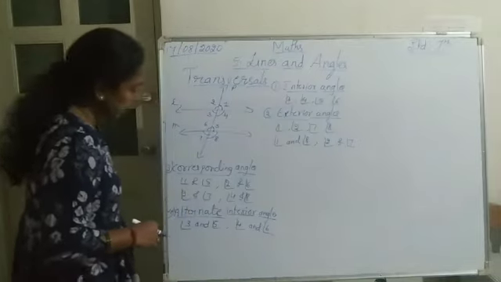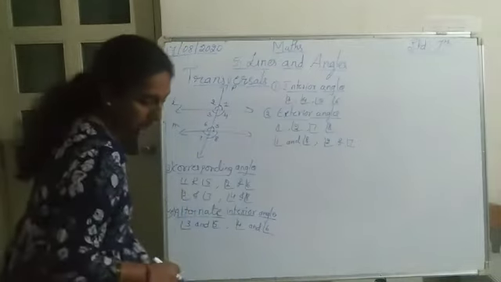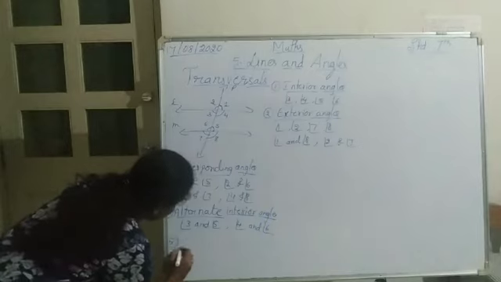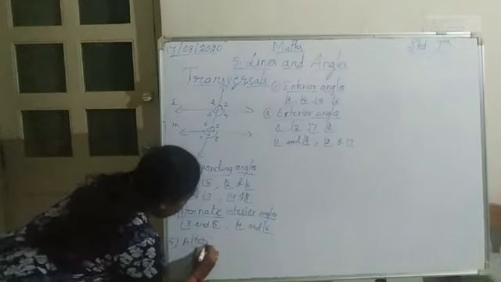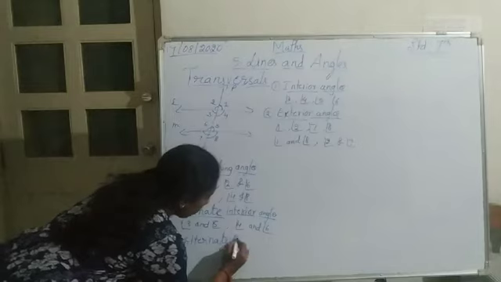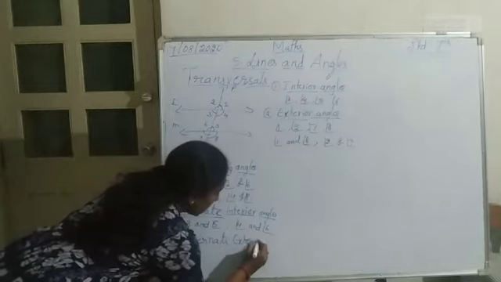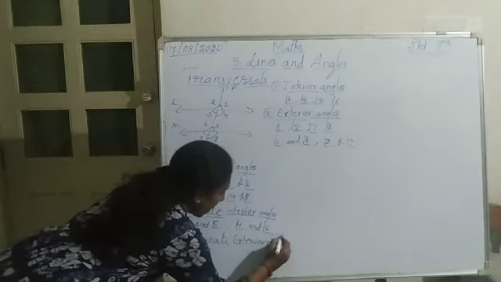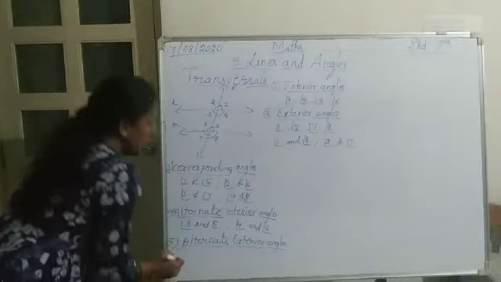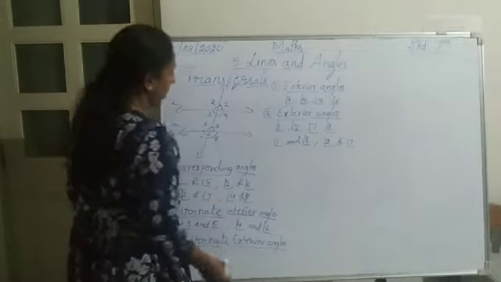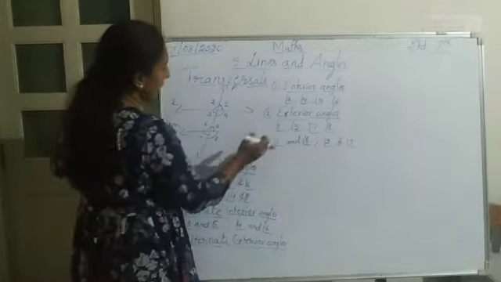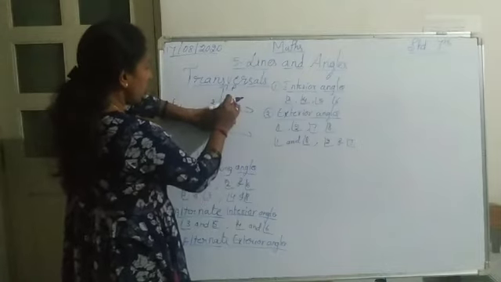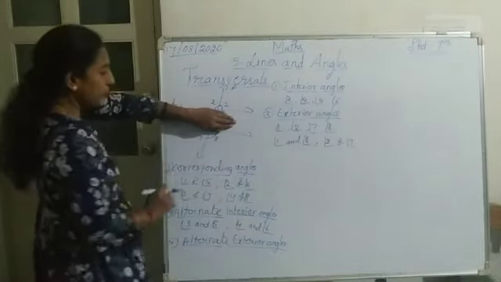Okay, now let us come to the next one, that is alternate exterior. That is the 5th one, called the alternate exterior angles. The name itself says exterior angles. So which are the exterior angles here? Leaving this, 1, 2, 7, 8.